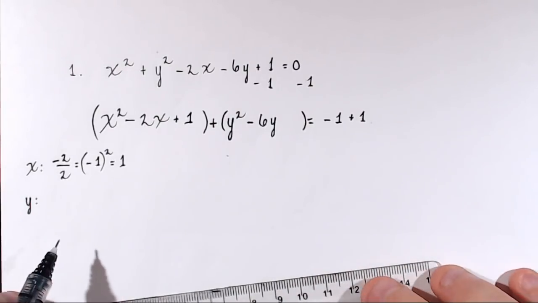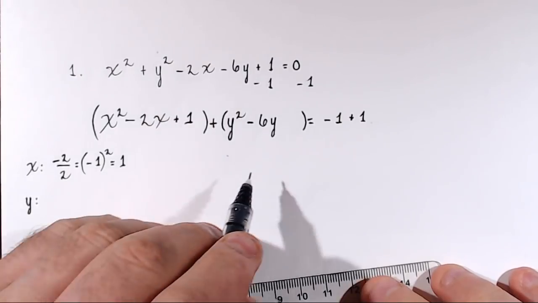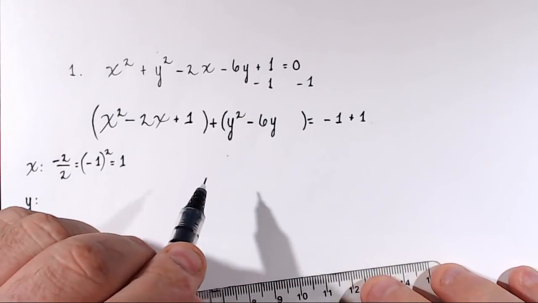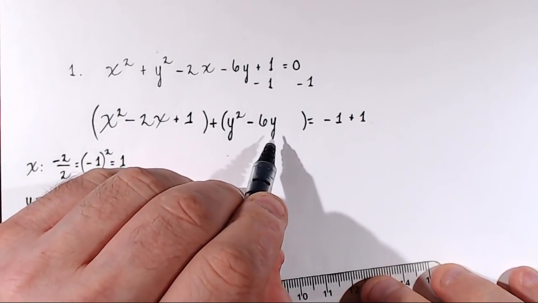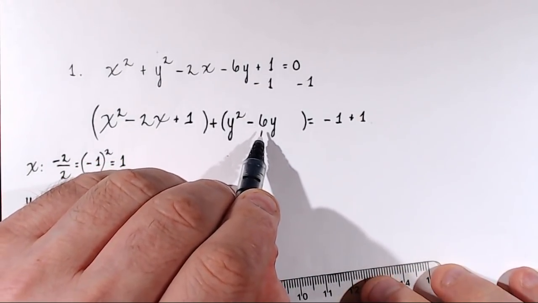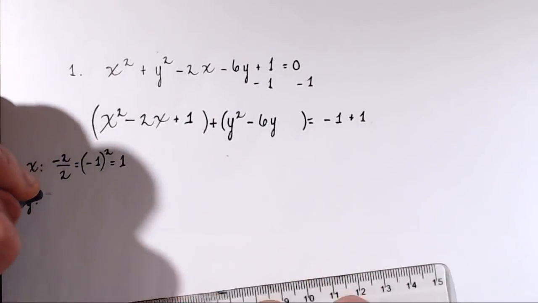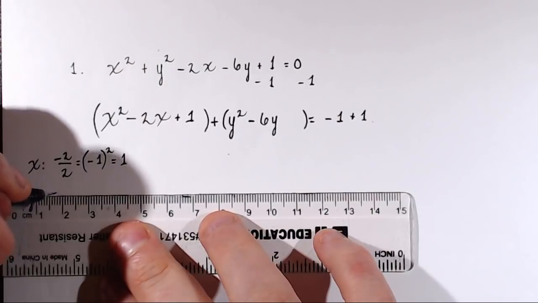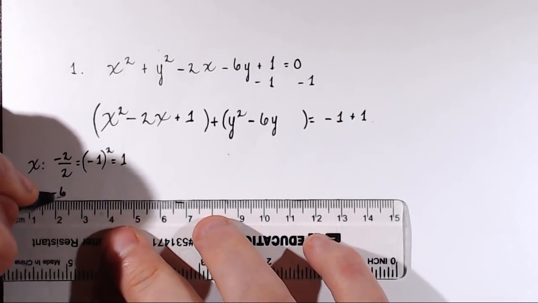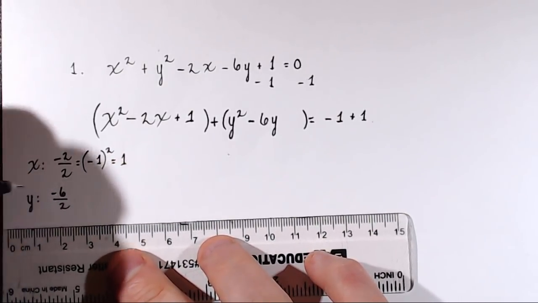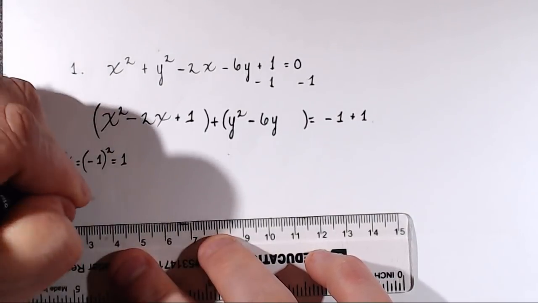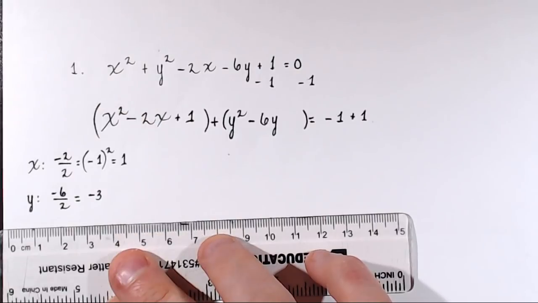Now we'll do the same thing to the y term. So I look for the linear coefficient of y, which is -6. That's the middle term. I take -6 and divide it by 2, and I see what that equals. -6 divided by 2 is -3.